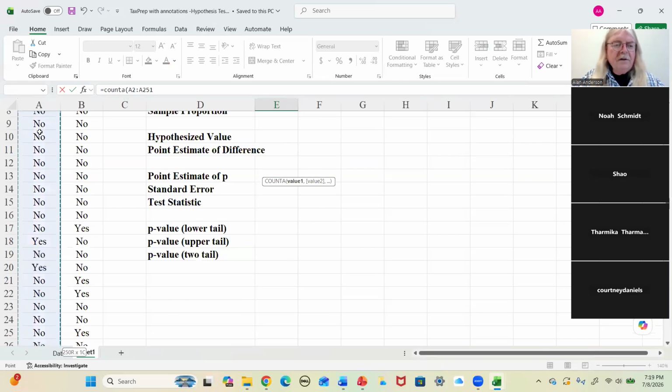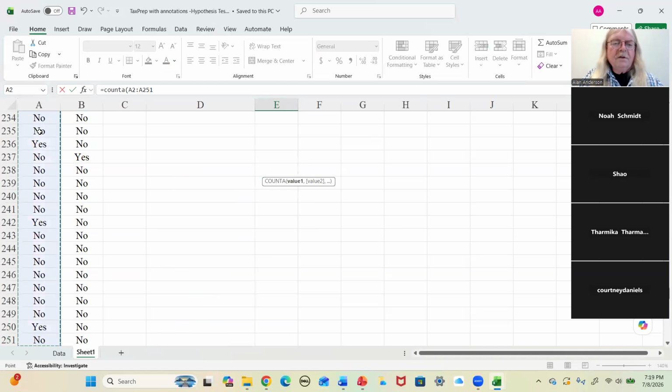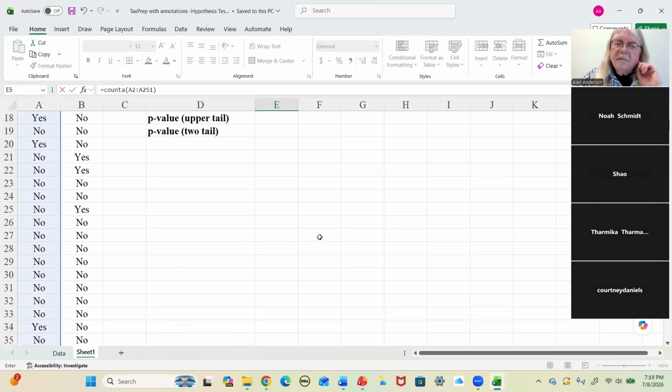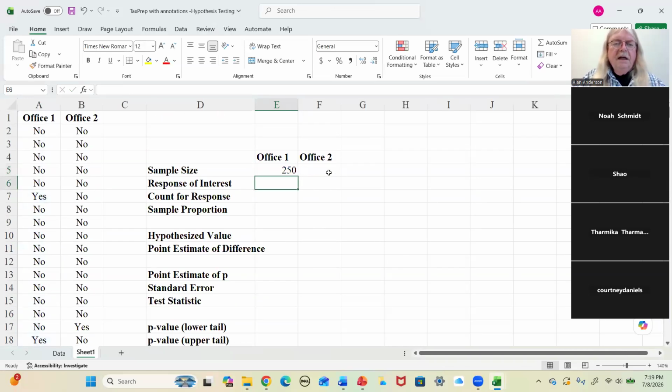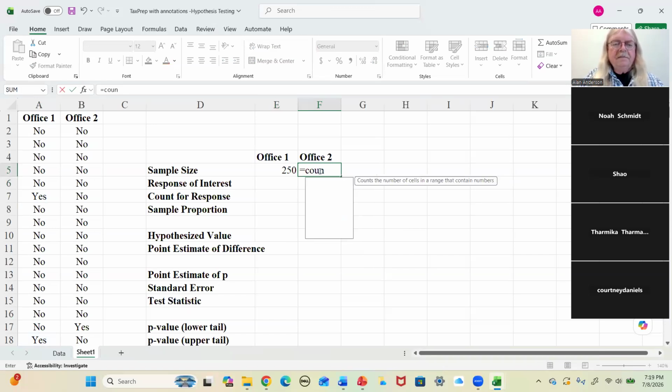Shift control down arrow, close the parentheses, enter. On this side, it was count A. Select over here, shift control down arrow key.